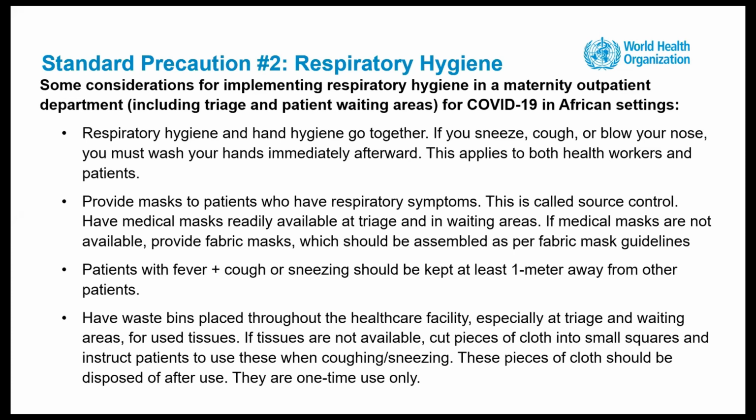This is what we call source control in IPC. Source control means that we're providing the person who has symptoms a way of preventing them from spreading microbes to other patients or other people. Having a medical mask readily available at triage and in waiting areas is very important during COVID-19.